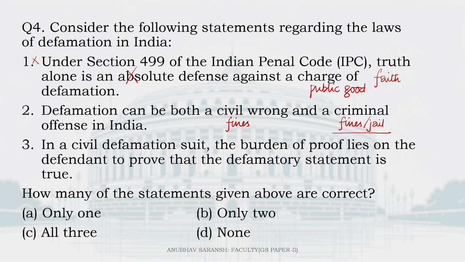Recently, a very famous politician had been sentenced to the maximum punishment under criminal defamation, that is 2 years. So 2 is correct, and 3 is also correct, because in a civil defamation, the defendant has to prove that the statement made is true and was meant for public good. So 3 is correct. So how many statements are correct? 2 statements are correct. Right answer is B. Only 2.